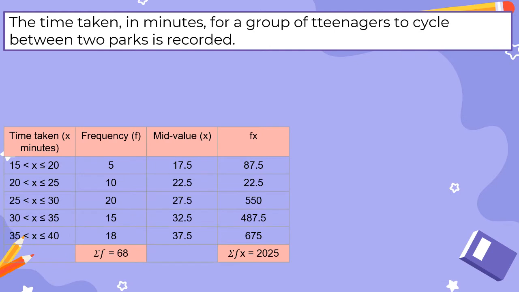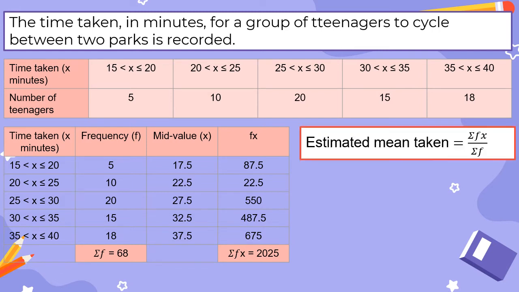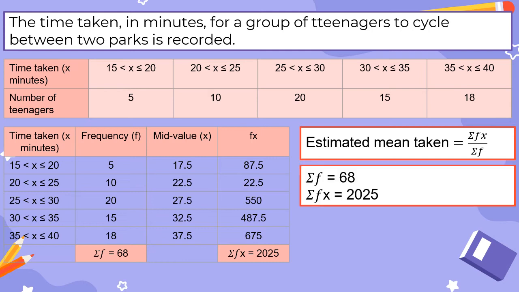So next, we need to calculate the mean time taken by the teenagers to cycle between the two parks. Let's use again the table. The formula in finding the mean, or estimated mean, is summation of f of x over summation of f. The value of summation of f is 68 and the value of summation of f of x is 2025.